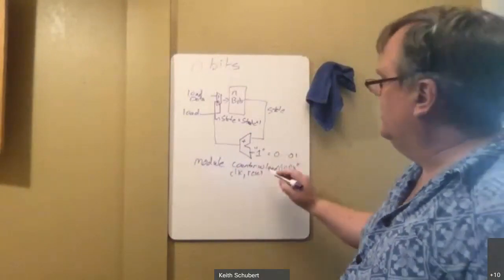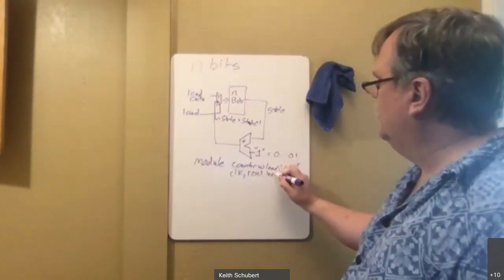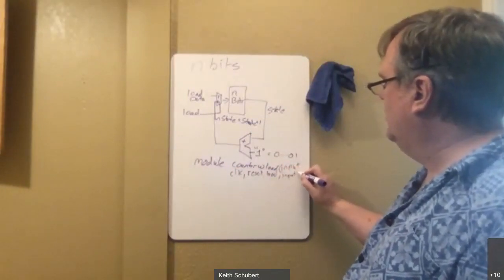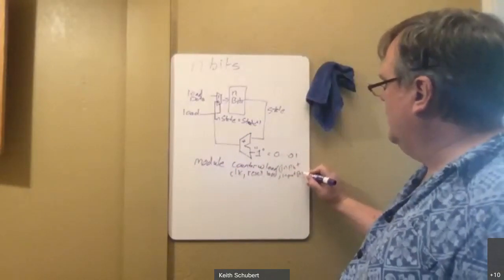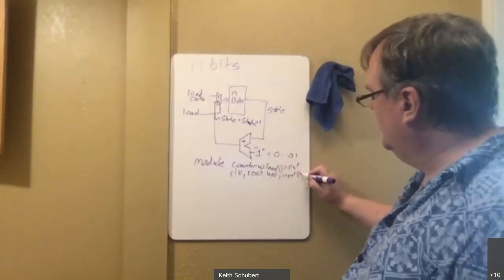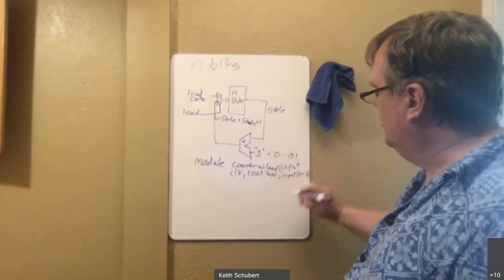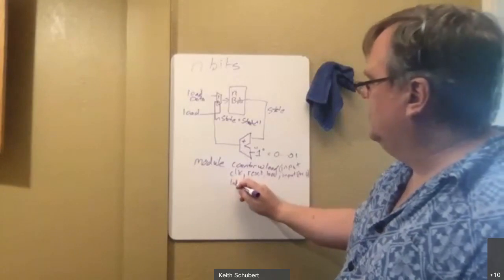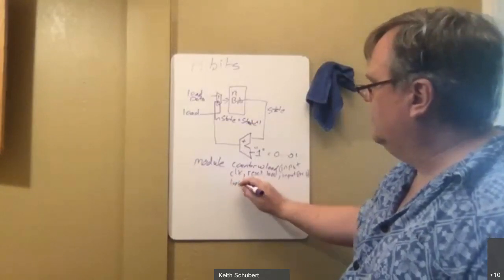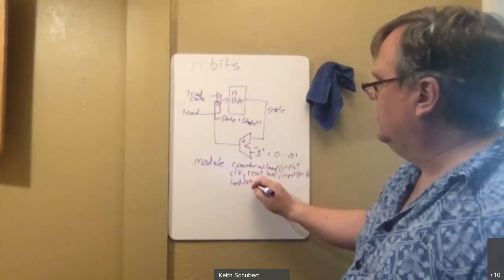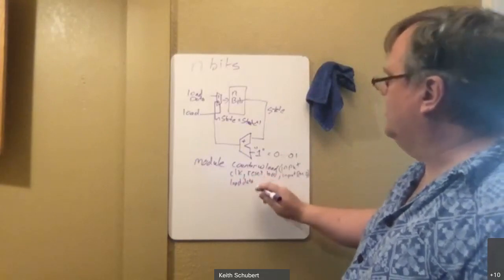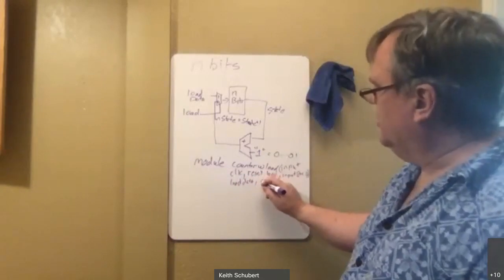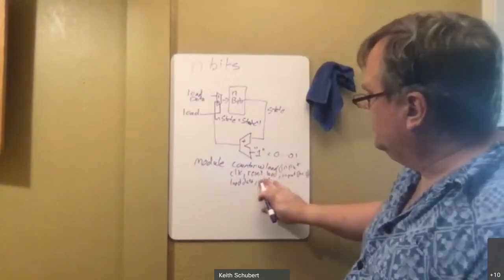And I would need load, and I would need input, n-1 down to 0. That's load data. And then I need my, whatever you want to call it, state or count or whatever you want. That's an output.